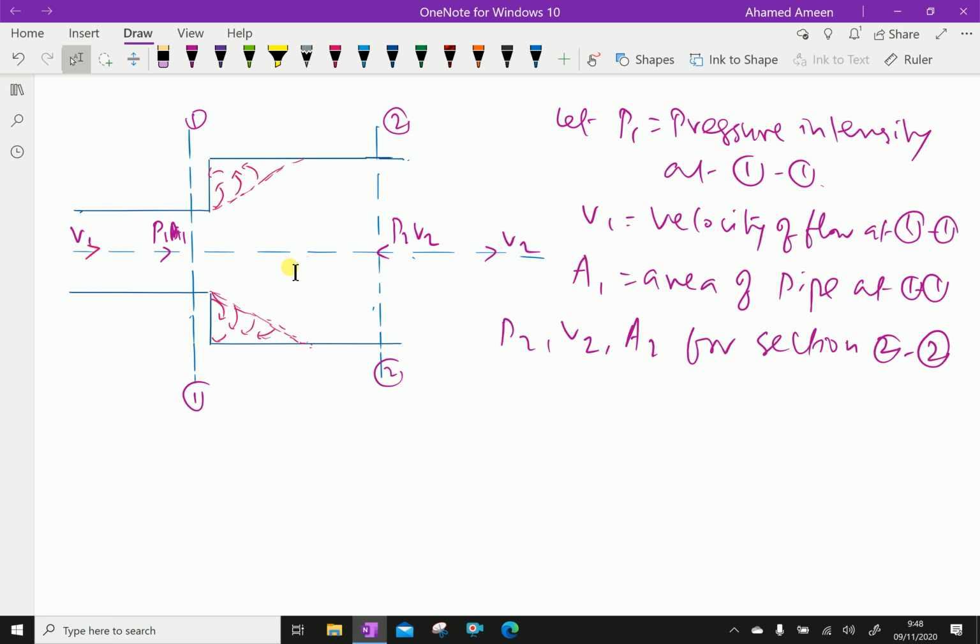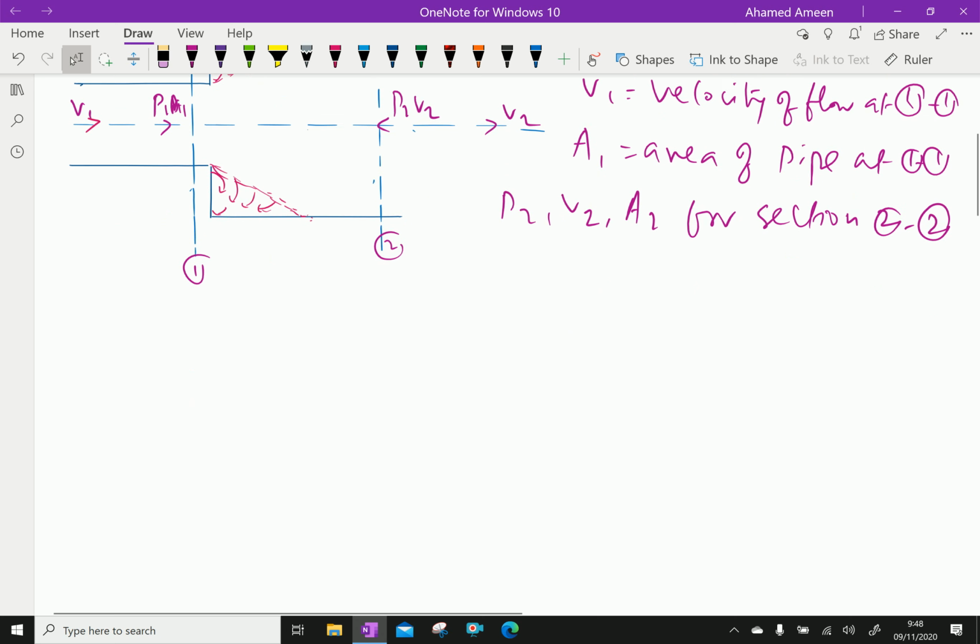Thus the flow separates from the boundary and turbulent eddies are formed due to the sudden enlargement of the pipe. The loss of head or energy takes place due to the formation of these eddies.